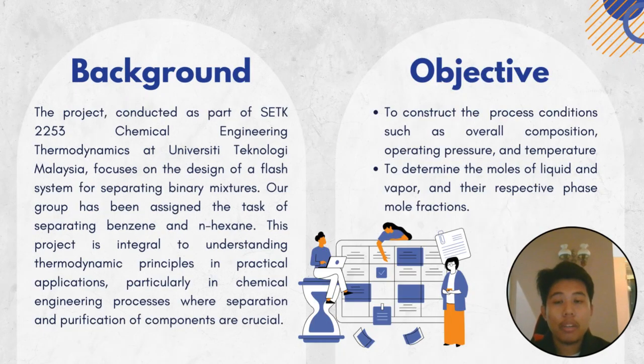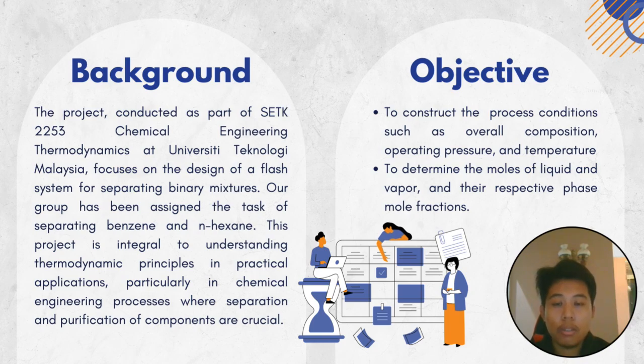The background of our project is that we have been given a task from our lecturer in the chemical engineering thermodynamics class, where we have to design a flash column to separate benzene and hexane. Thus, we have created certain objectives to be achieved from this project.